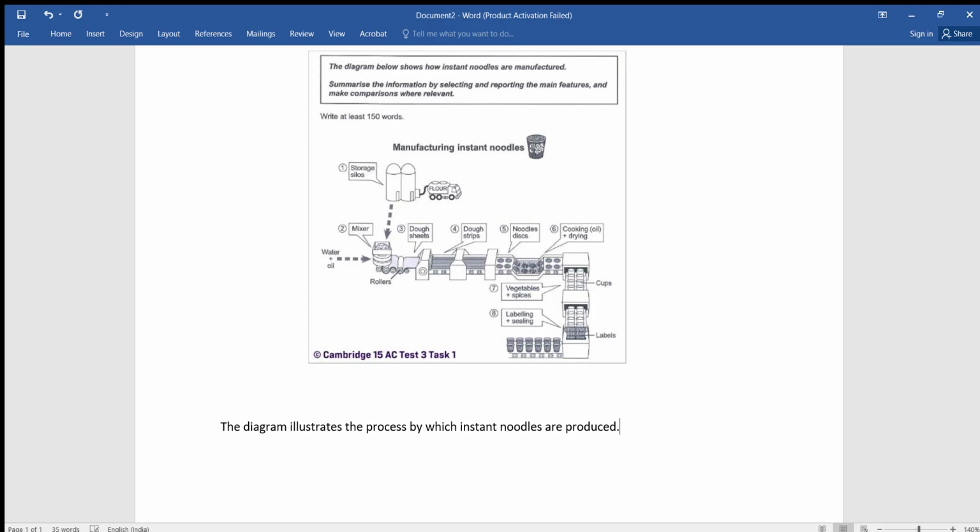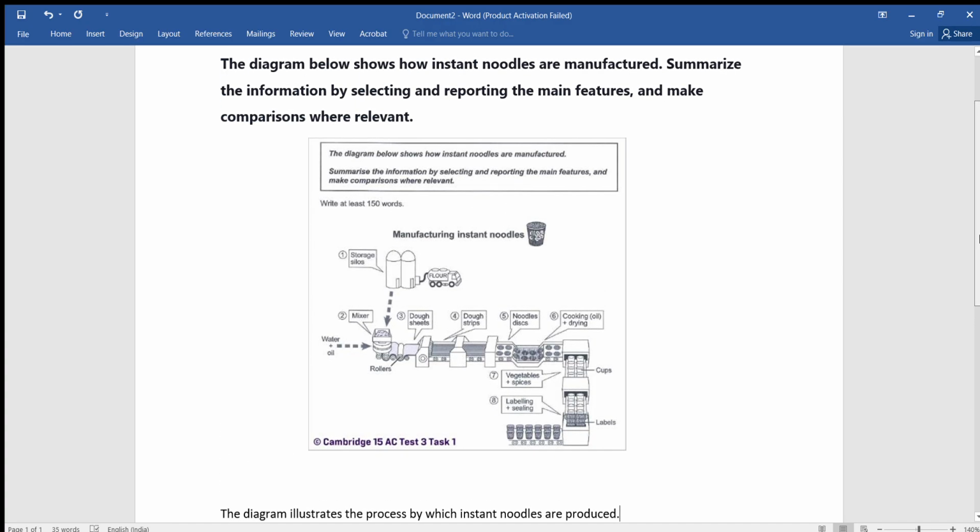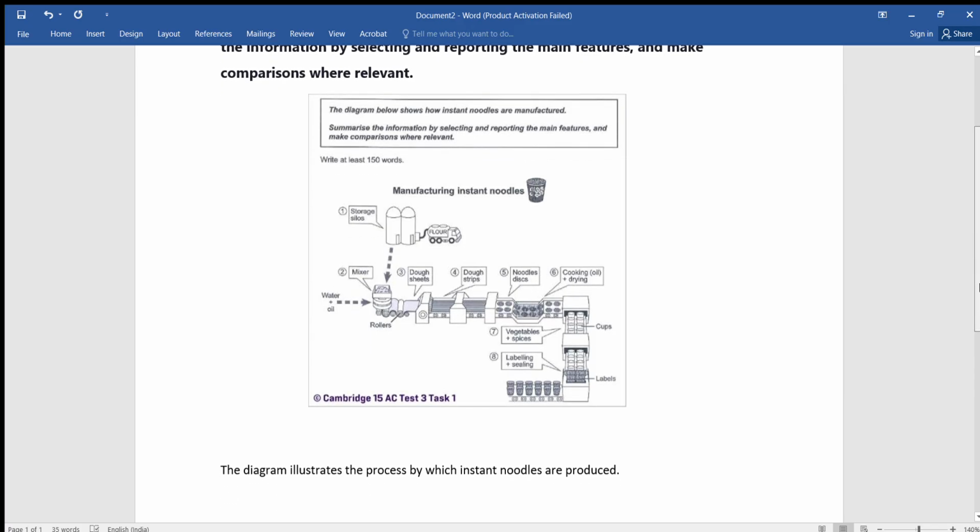Okay, so this is all about your introduction. You do not need to add any additional information. See, we have paraphrased some things: in your question there is "shows", but we have replaced it with "illustrates", and we have also paraphrased the statement "how instant noodles are manufactured" as "the process by which instant noodles are produced". This is all about your introduction.